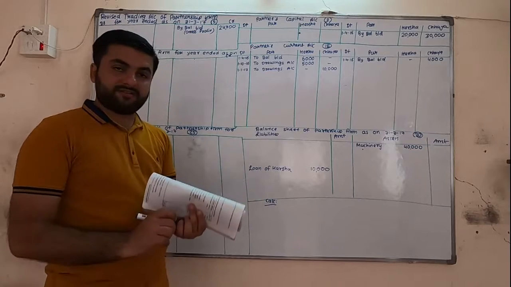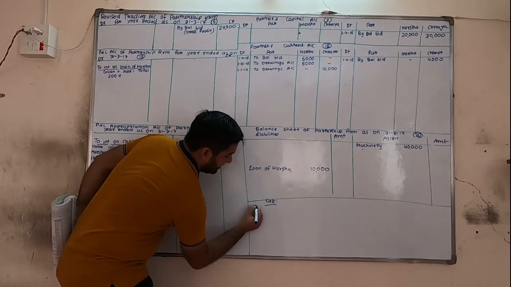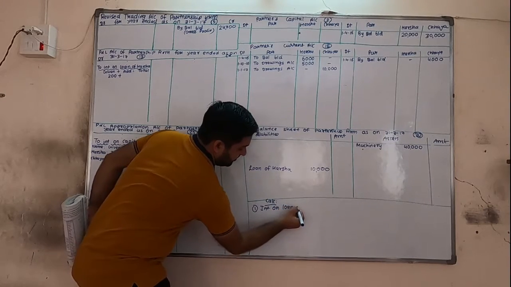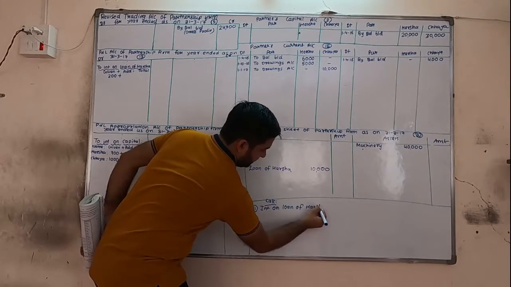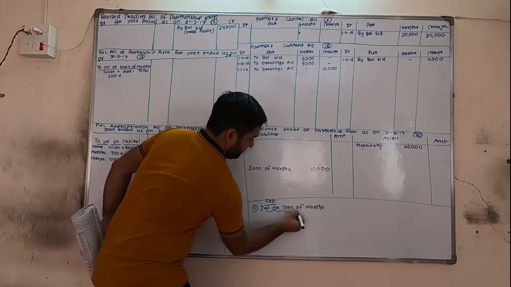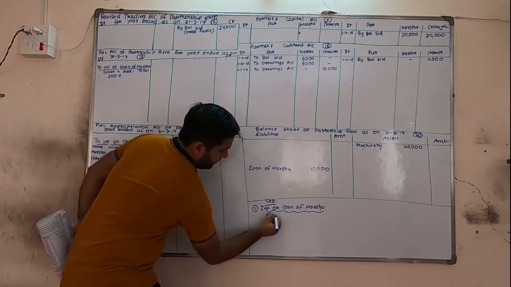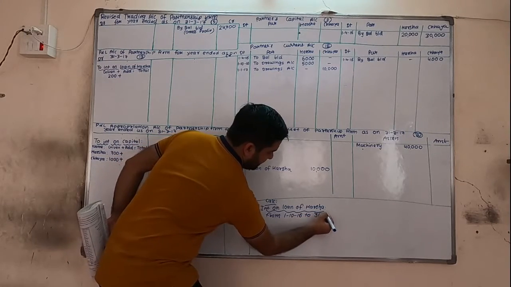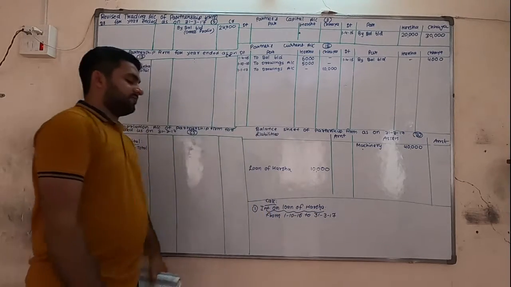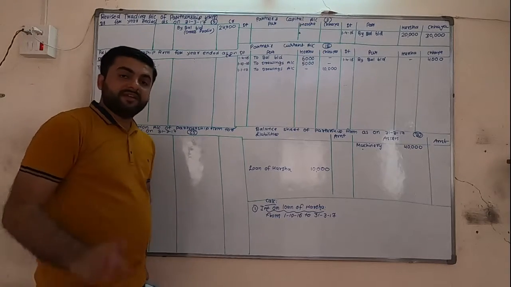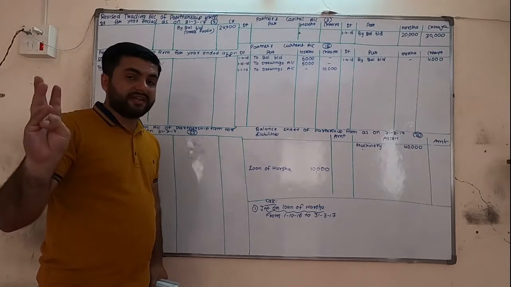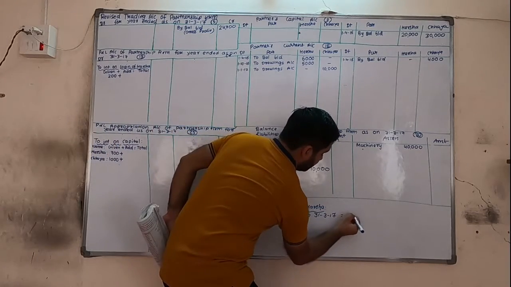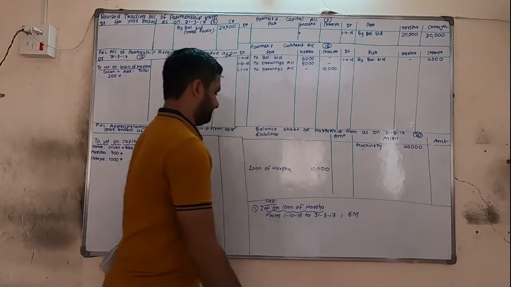So now calculate. In calculation number 1, interest on loan of Harsha. Loan is from 1/10/16 to the last date. Interest is always to the last date, 31/3/17. 10, 11, 12, 1, 2, 3, 6 months is equals to 6M.